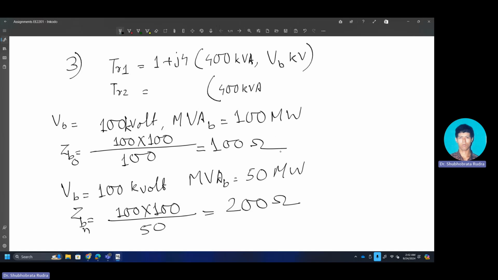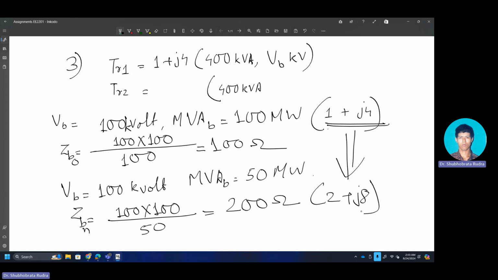If that is the case, how are things going to change? Suppose in this scale I have 1 plus j4. When I convert that same impedance to this scale, it will become 2 plus j8.